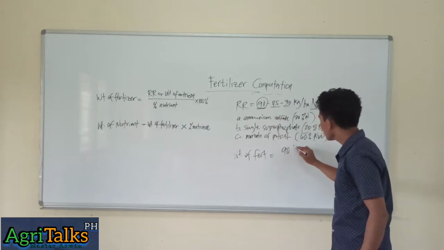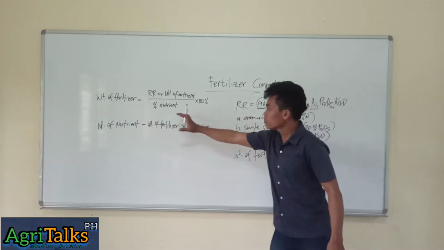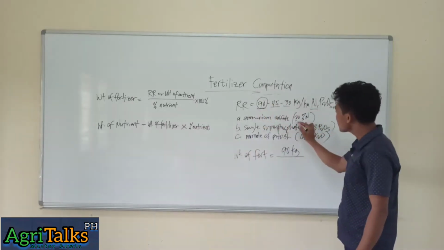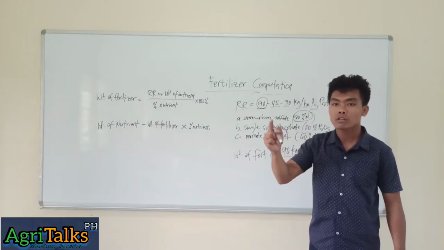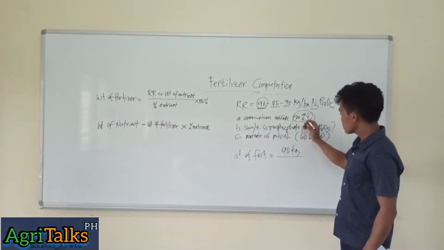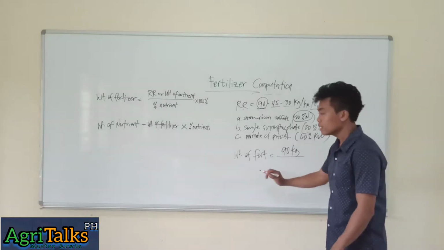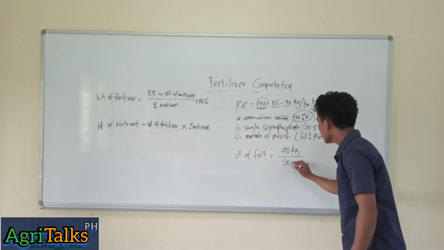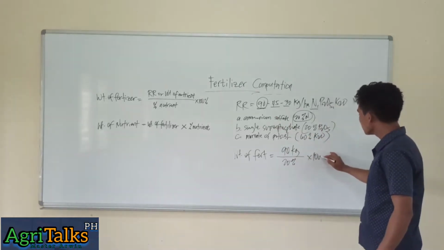So 90 kilograms divided by percent nutrients. So the percent nutrients of the fertilizer material that you are going to use. And that's the percentage that will be written here. So, 20%. And then copy times 100%.